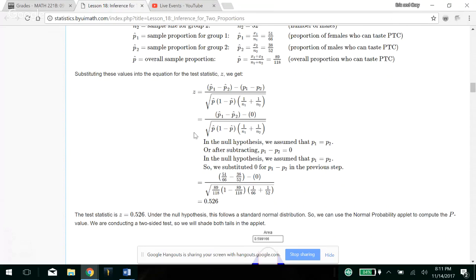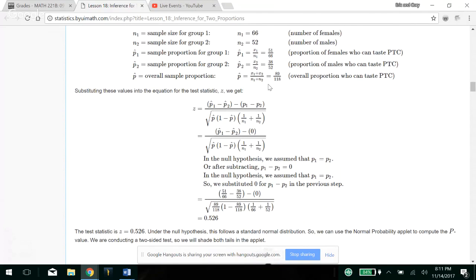P hat is the sample proportion, but P1 minus P2 is their true proportion. Right, and this is the overall sample proportion, not the actual proportion. You get P hat by taking the test number from group 1 plus the test number from group 2, dividing it by sample size 1 plus sample size 2.